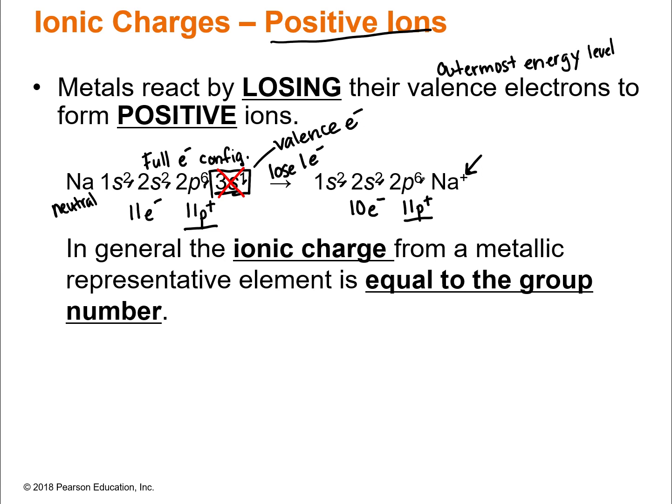In general, when we're talking about metal representative elements, the group number is going to equal your ionic charge.